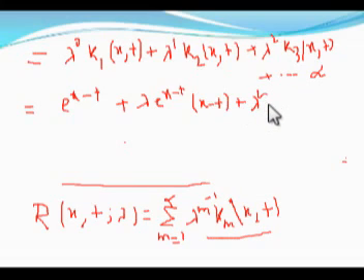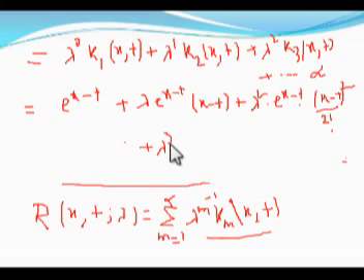The third kernel is e to the power x minus t, x minus t whole square by 2 factorial, which is 2. The fourth term will be lambda cube, e to the power x minus t, and then x minus t whole cube by 3 factorial, and it continues.